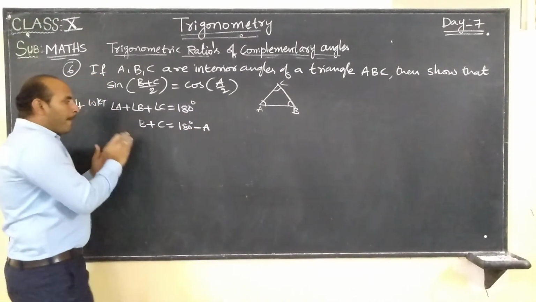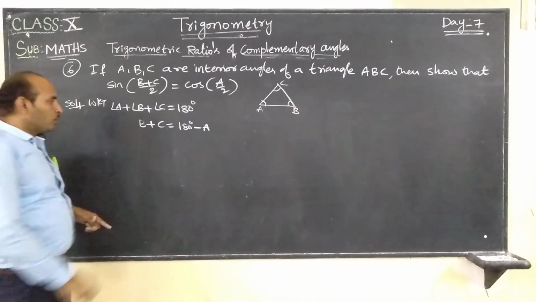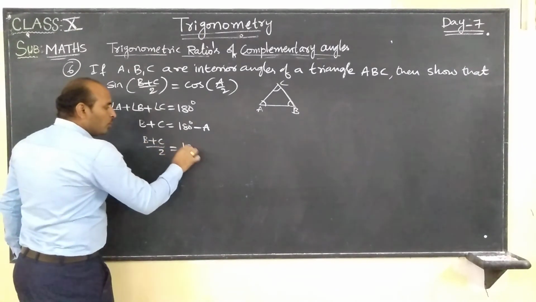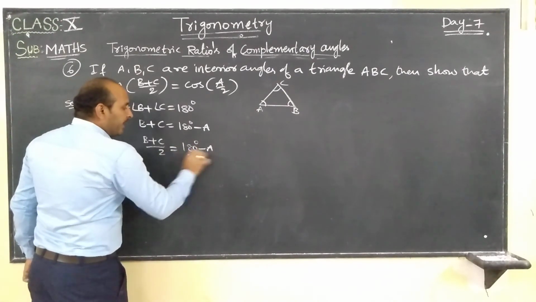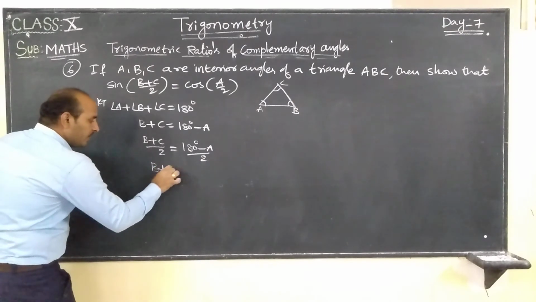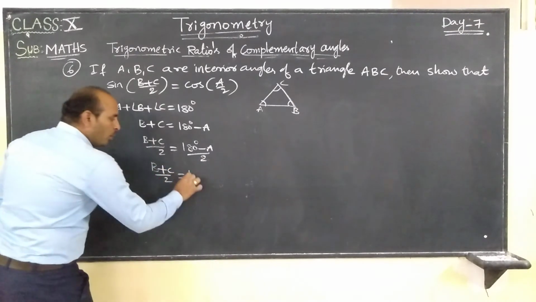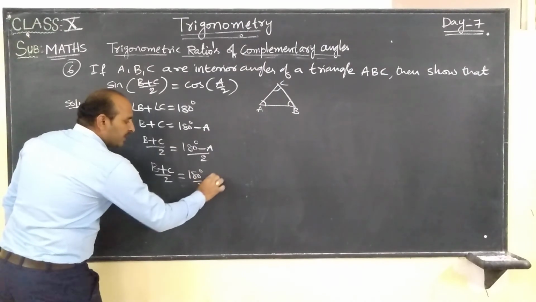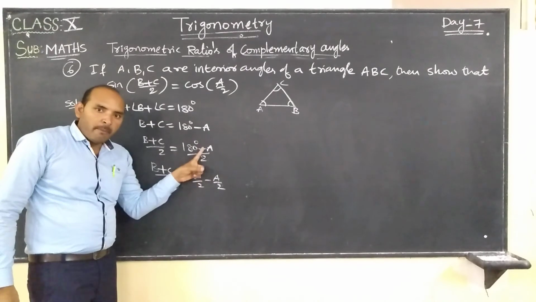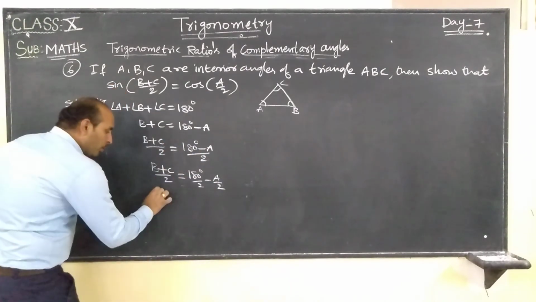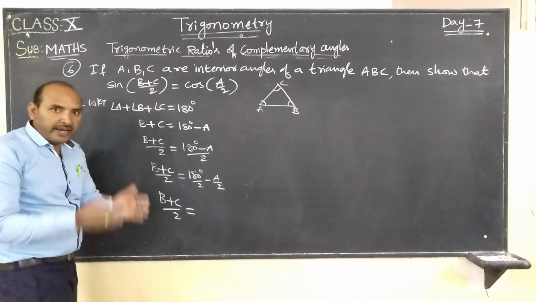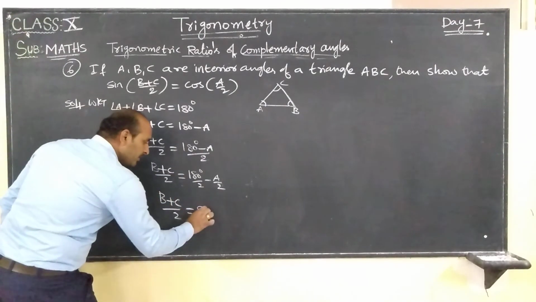Now dividing both sides by 2, B plus C divided by 2 is equal to (180 minus A) divided by 2. So now B plus C by 2 is equal to 180 by 2 minus A by 2. Splitting the numerator, 180 by 2 is 90 degrees, so B plus C upon 2 is equal to 90 degrees minus A upon 2.